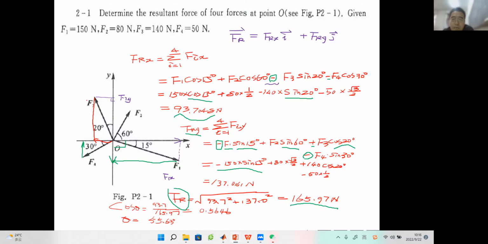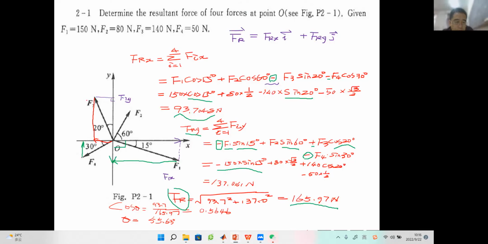This is very important. If you can give this expression correctly, the other thing is just to do your calculation. You can use software or a calculator, it's okay, but the expression is very important. The last one, F4, is located here and has a 30-degree intersection angle.